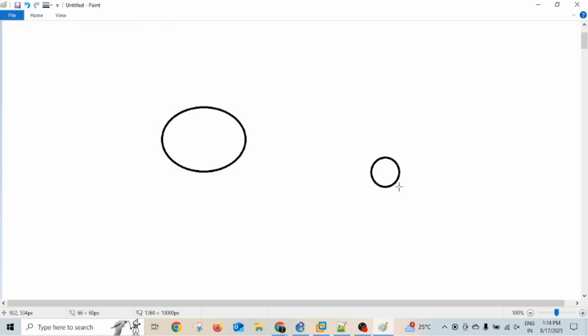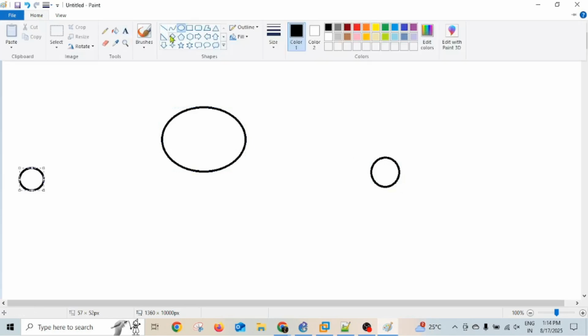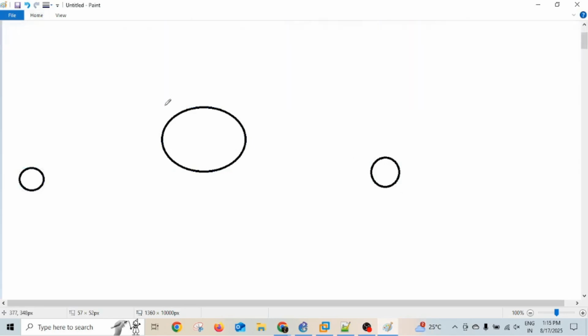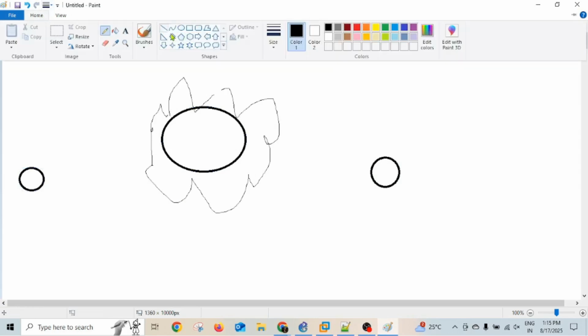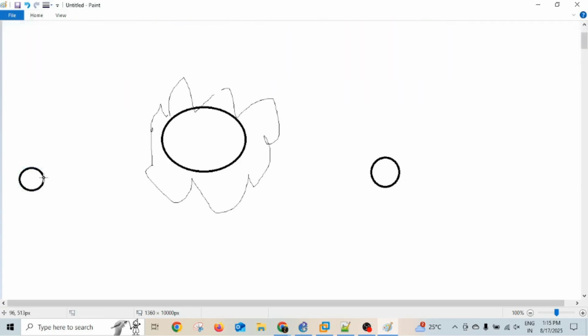there will be one router here and one router here, and this is the ISP. So the ISP is connected here and here.